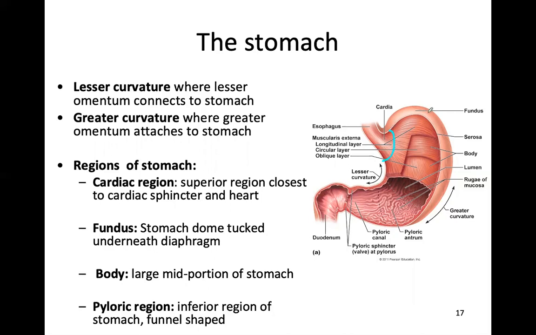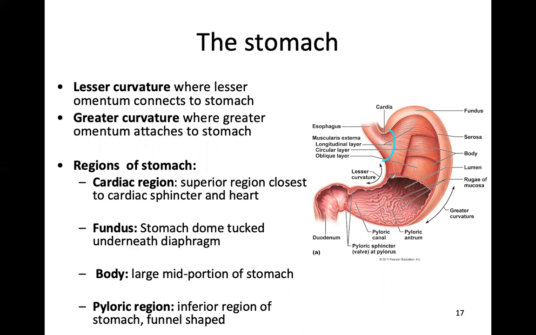You have this dome shape of your stomach called the fundus. You have the midsection of your stomach called the body. And then this funnel ending for your stomach called the pyloric region. So cardiac, fundus, body, and pyloric region. We also talked about the lesser curvature and the greater curvature of the stomach.